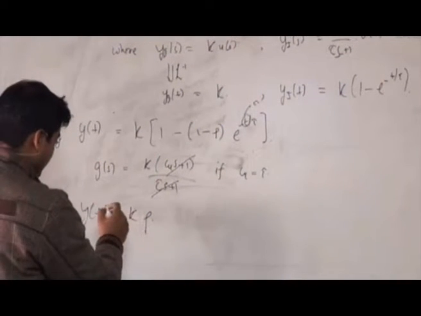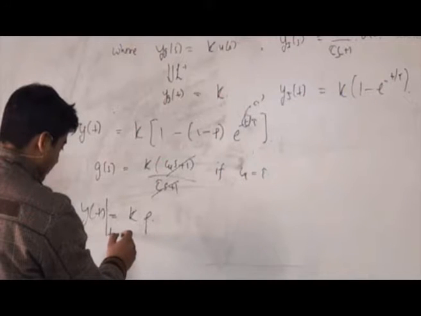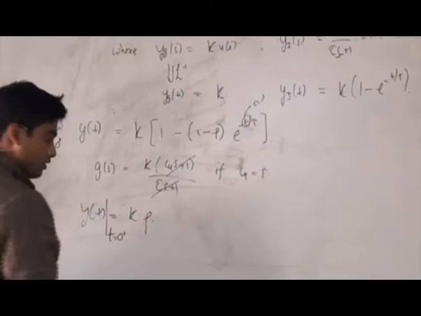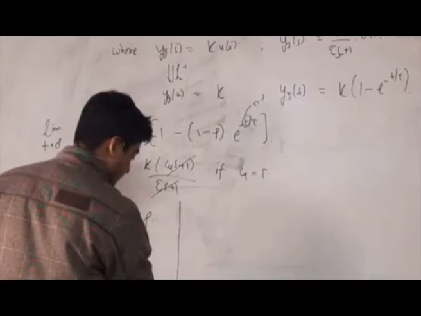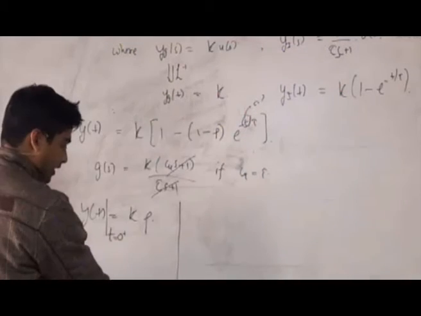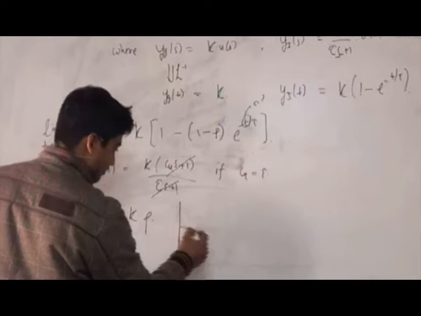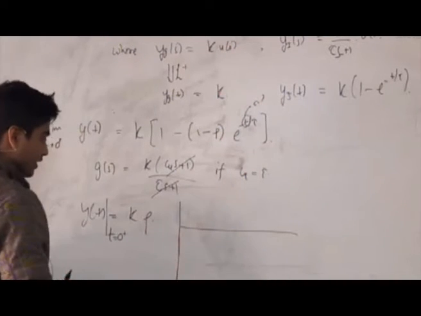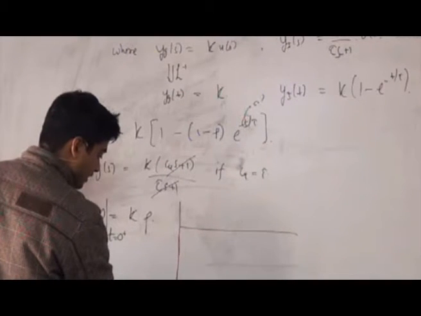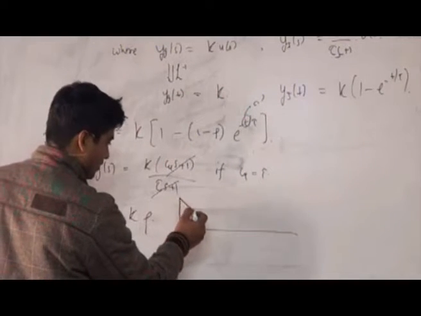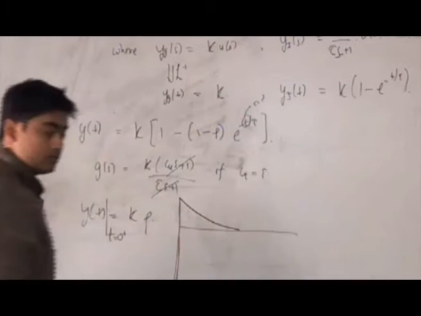That is, at t equal to 0, I will call it t equal to 0 plus, you observe a jump in the response of the system. You apply a step input, this is my step input, and suddenly you see a jump here at this position, and then it may die out.